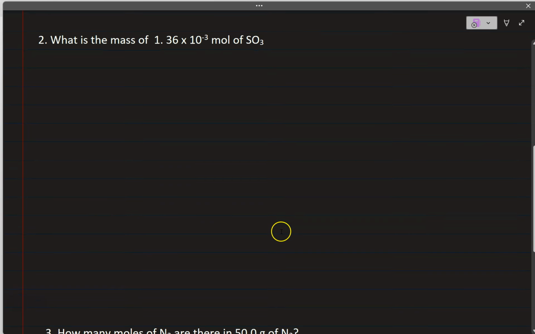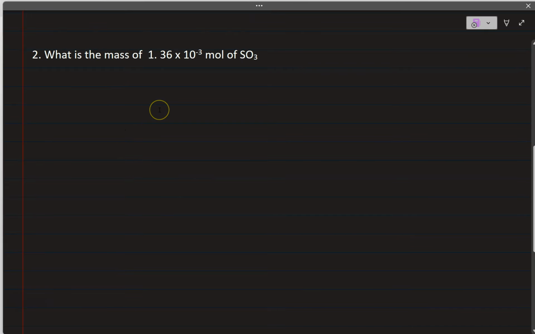Here's the next example. What is the mass of 1.3 times 10 to the negative 3 mole of SO3? That is sulfur trioxide. All right, we want to know what is the mass in that much of SO3. Again, you're going to find out the molar mass of this guy.